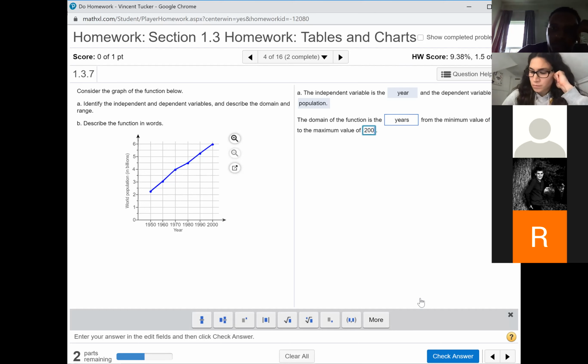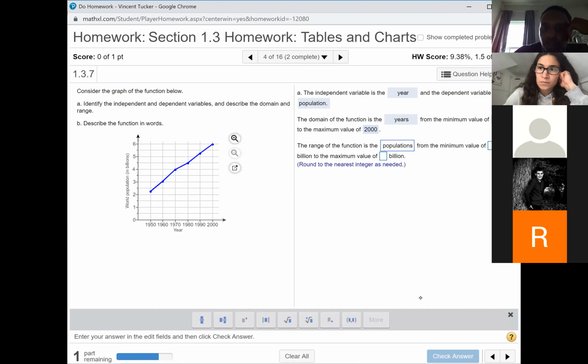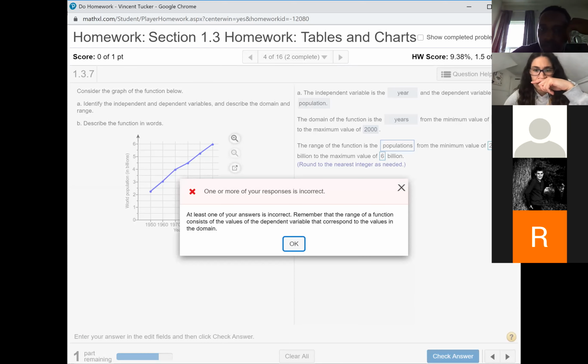And then the range, population, minimum value. Okay, round to the nearest integer as needed. So it's 0.5 in the middle. I'm going to try 2.25 and see what happens. I know it says round to the nearest integer, but I just want to see what's going to happen. Okay.